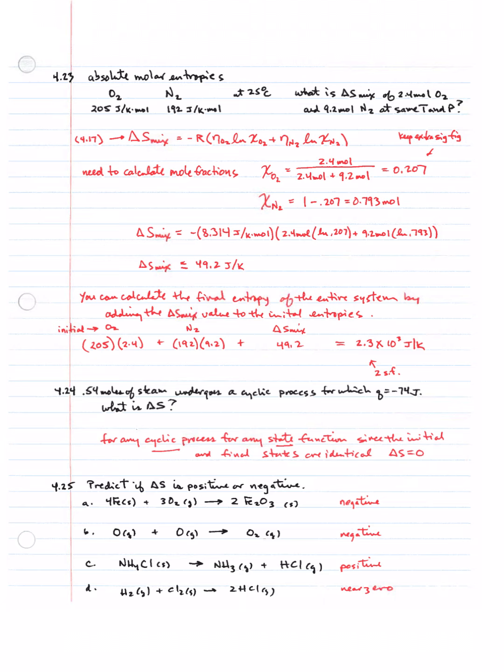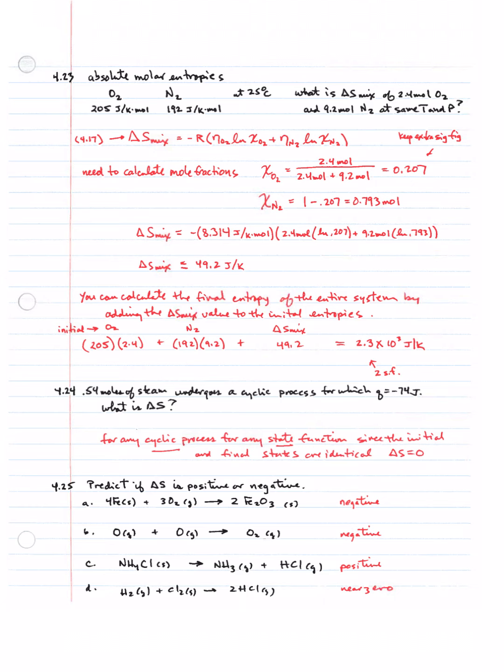So what's the mixture of 2.4 moles of oxygen and 9.2 moles of nitrogen? The delta S of mixture equation, 417, will give you the increase. If you want to know the absolute entropy of the whole mixture, you need to add this term to the original entropies from the pre-mixture case.